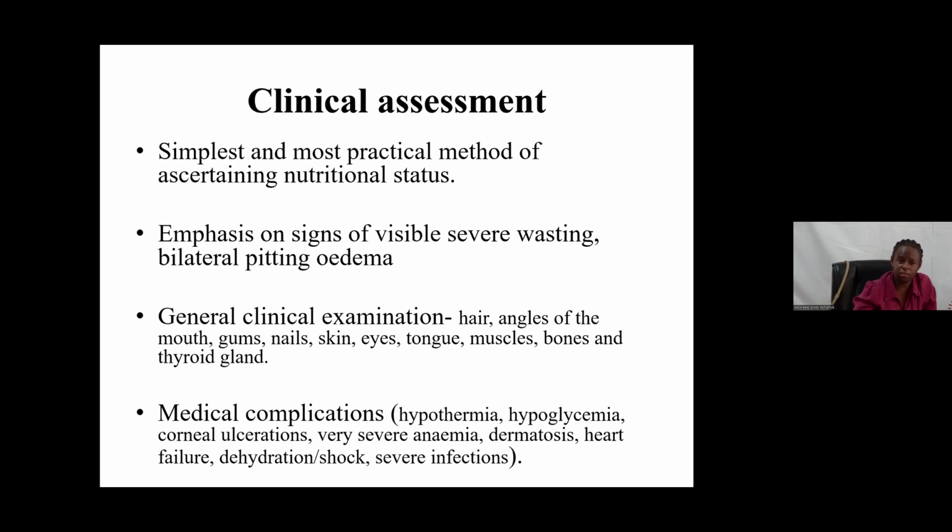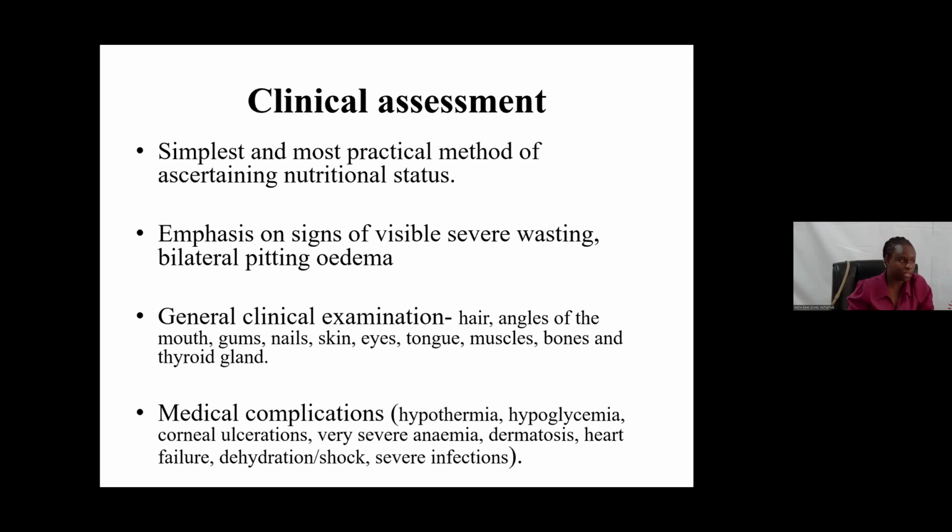So in doing the general exam, you're looking at the signs of micronutrient deficiencies, which are usually associated with malnutrition. On the skin, you're looking for signs of zinc deficiency. In the eyes, signs of vitamin A deficiency. On the tongue, all these parts of the body are telling you something that is deficient in this child.